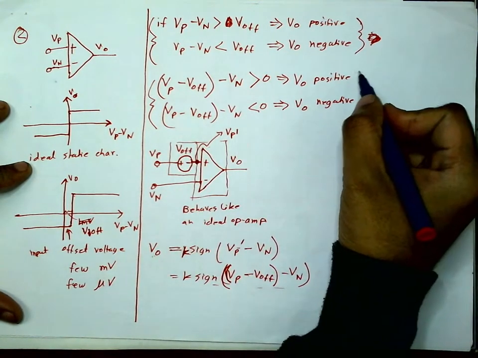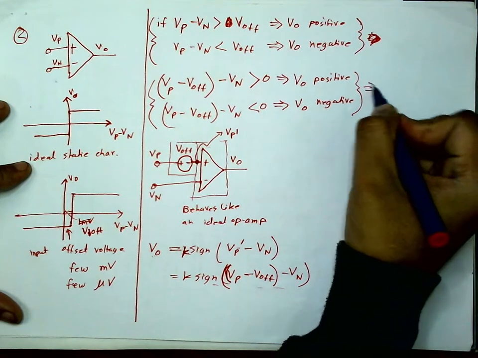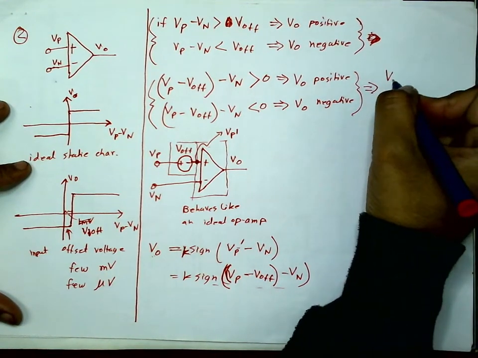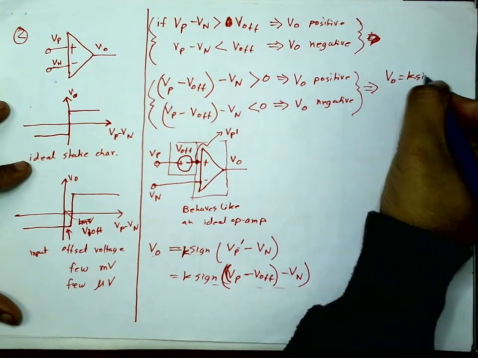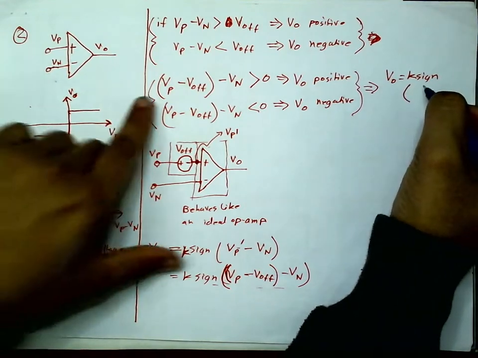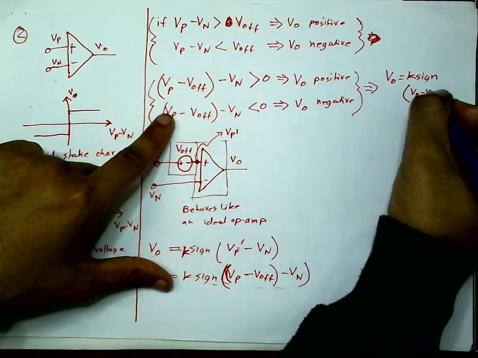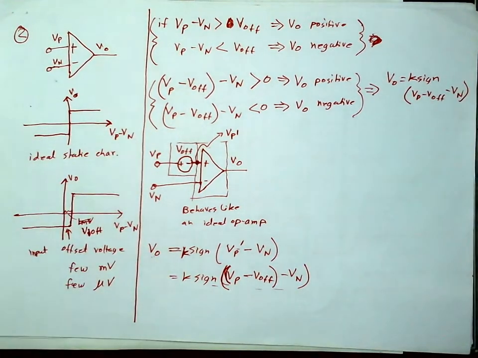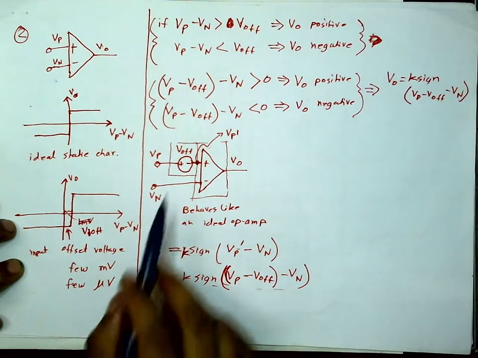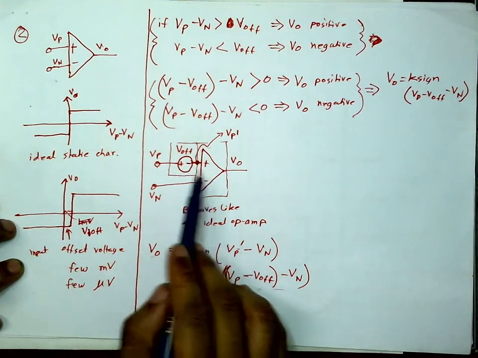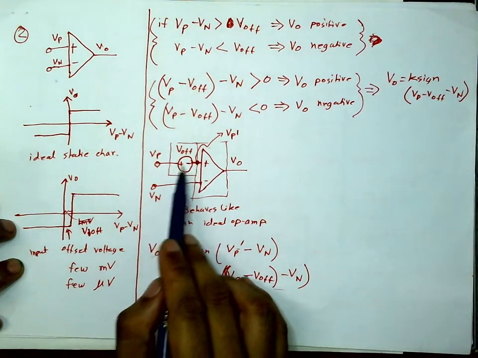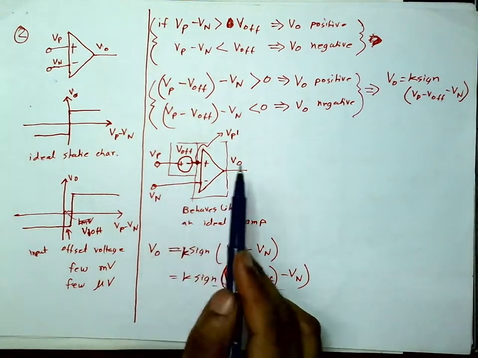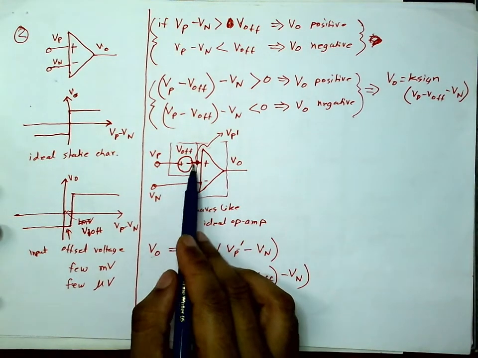These two together are the same as Vo being sign of Vp minus V off minus Vn. So this can be modeled with a voltage source which you cannot get rid of, but it's connected to the input terminal.